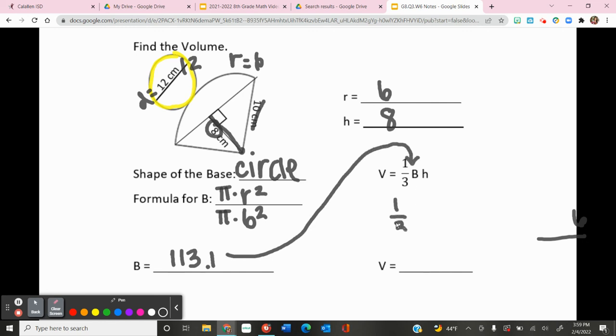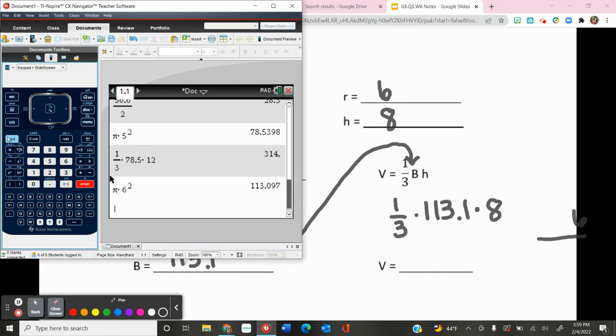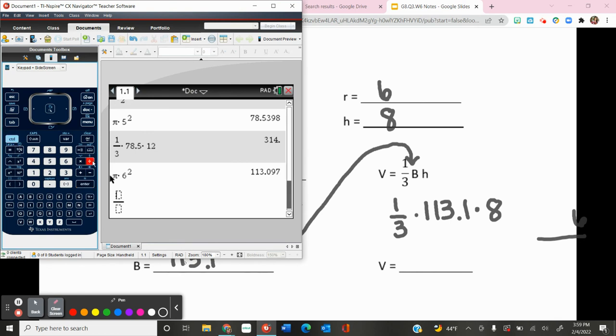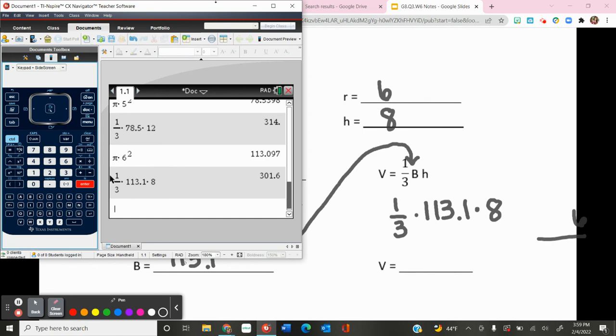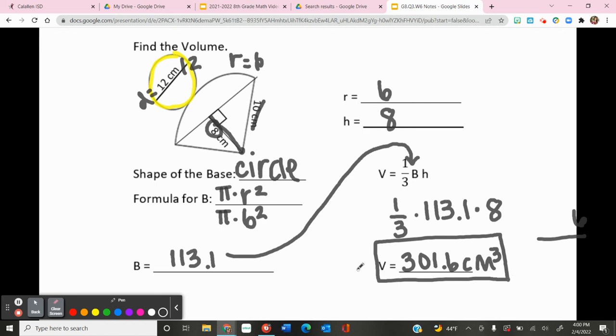So we have 1/3 times 113.1 times the height of our cone, which is 8. Going into our calculator, we take Control Divide, 1 on top, 3 on the bottom, times 113.1 times 8, and we get 301.6. So the volume for this cone is 301.6 centimeters cubed. And that is how you find the volume of a cone.